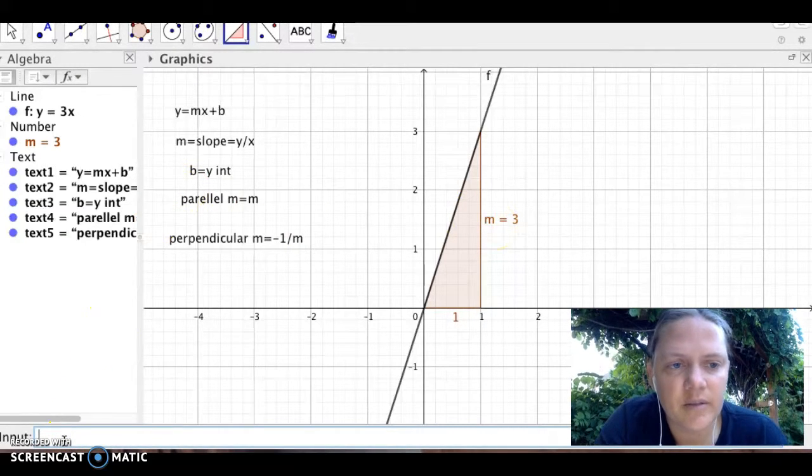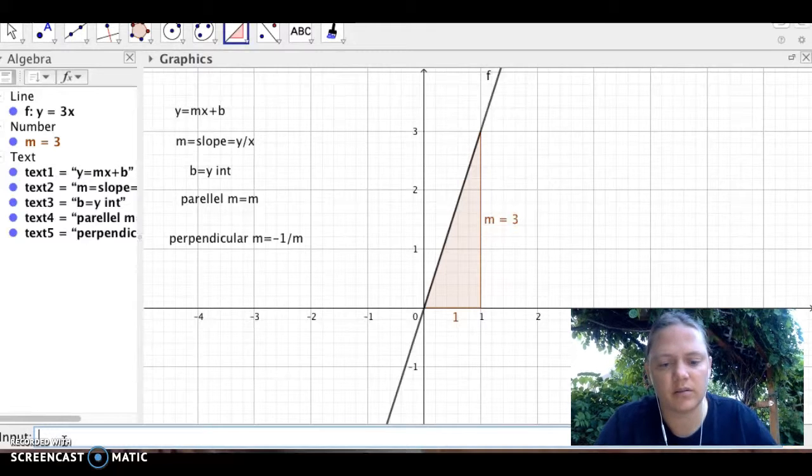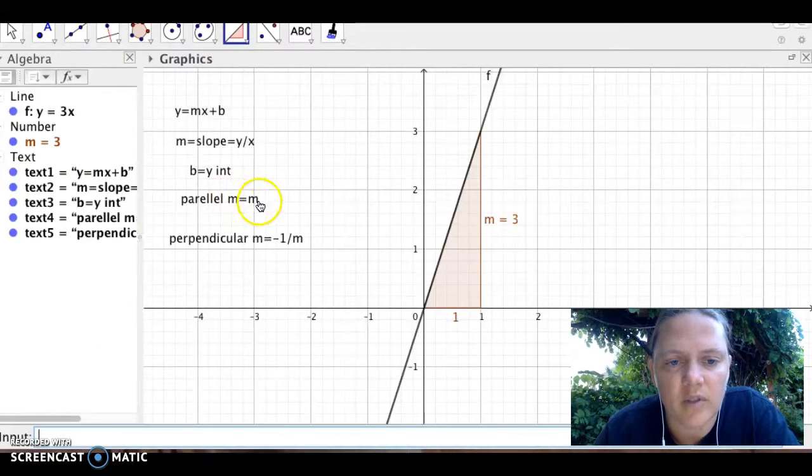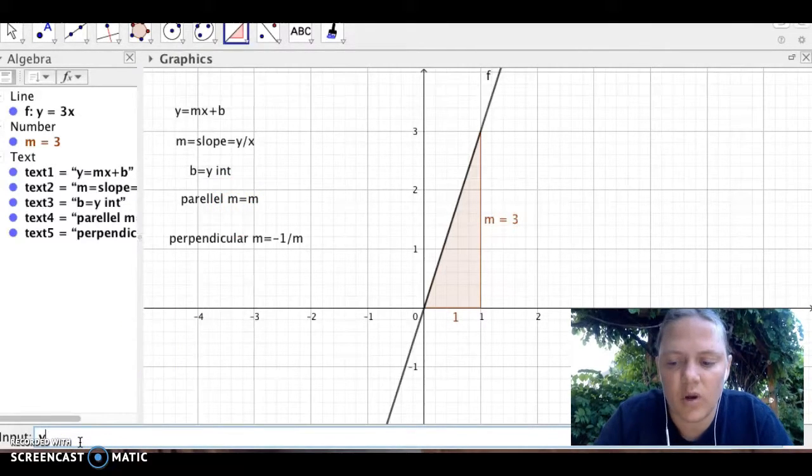Let's try a line parallel to that. If it's parallel, we have to have the same slope, so we have to have the same m. So we got y equals 3x.